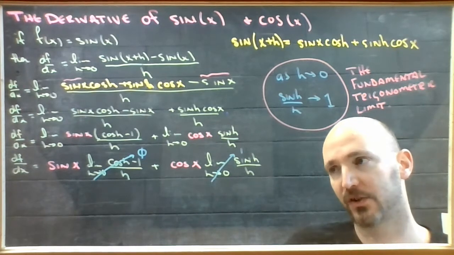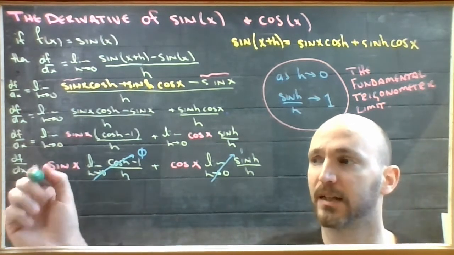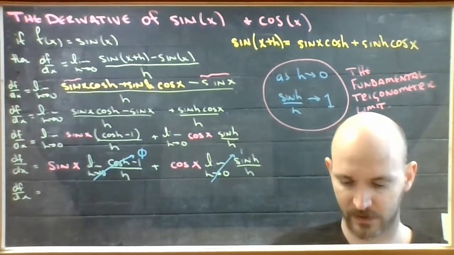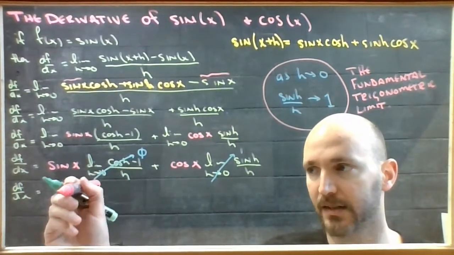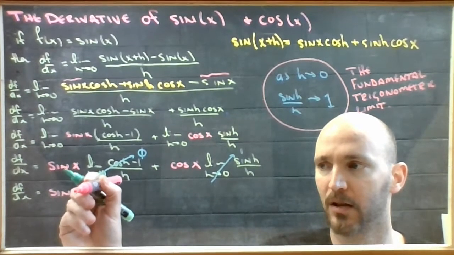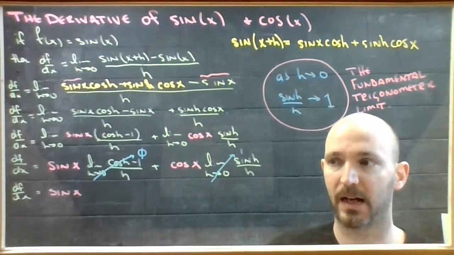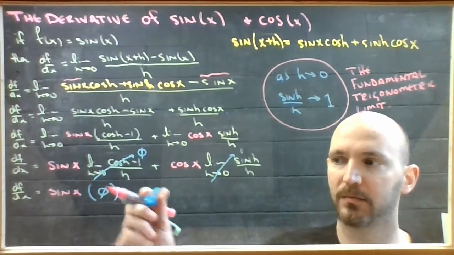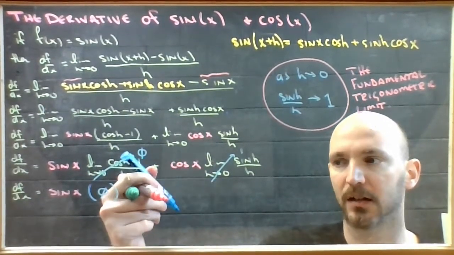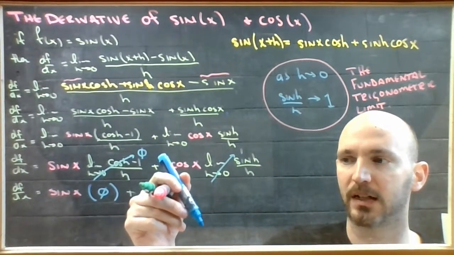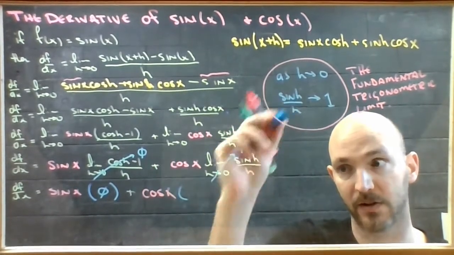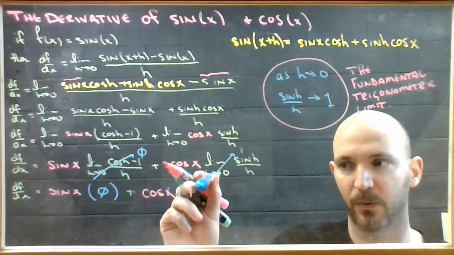So just to finish off, what I've got here is df by dx equals this sine x here multiplied by a limit I did manually that turned out to be worth nothing. And here I have a cosine multiplied by a limit that I ultimately figured out manually was worth 1.